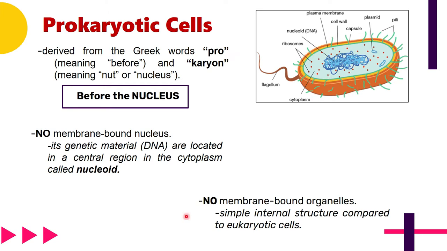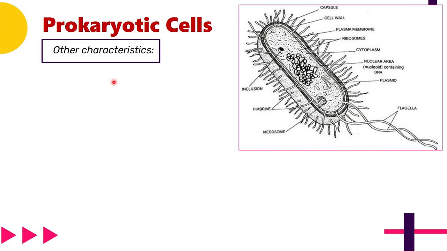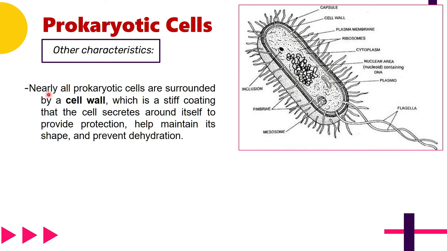Although prokaryotic cells are simpler, they have other characteristics that eukaryotic cells don't have. Nearly all prokaryotic cells are surrounded by a cell wall.